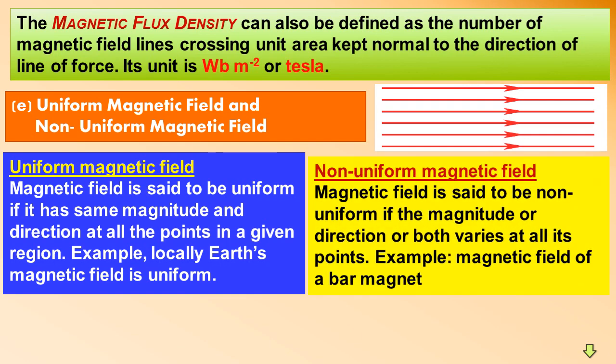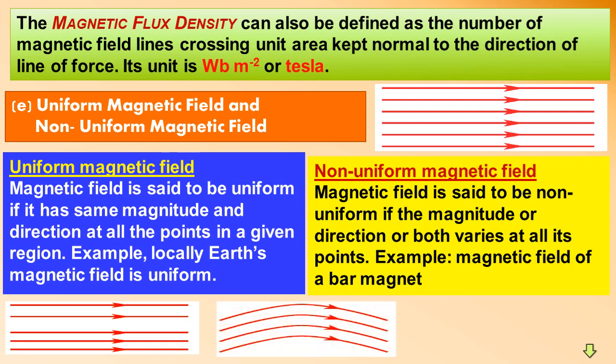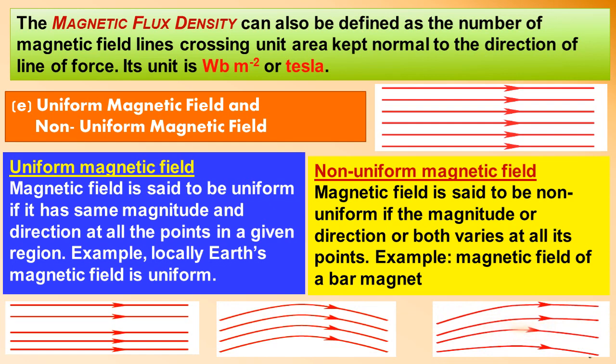A magnetic field is said to be non-uniform if the magnitude or direction or both vary at its points. Example, the magnetic field of a bar magnet. Here you can see there is a variation with distance. The directions are all different in a non-uniform magnetic field.